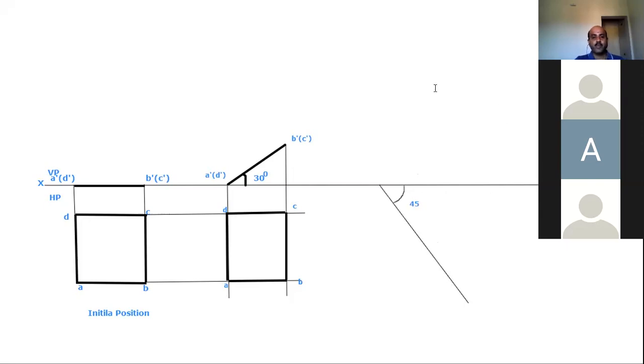Now you have to transfer this such that AD comes on this line, like that.